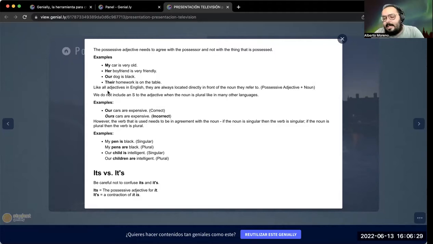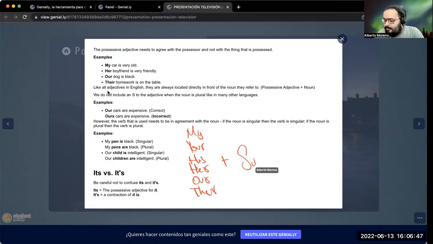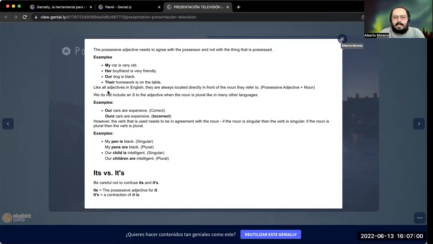Es decir, siempre va a ir el adjetivo posesivo, que puede ser my, your, his, her, our, their, más un sustantivo. My bike, my car, her boyfriend, its house, etc. Y es para hablar de mi carro, mi casa, etc. Es lo que nos van a indicar.